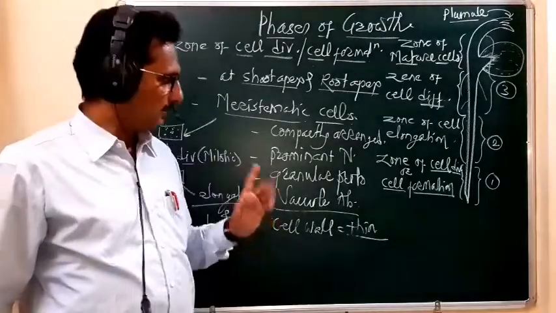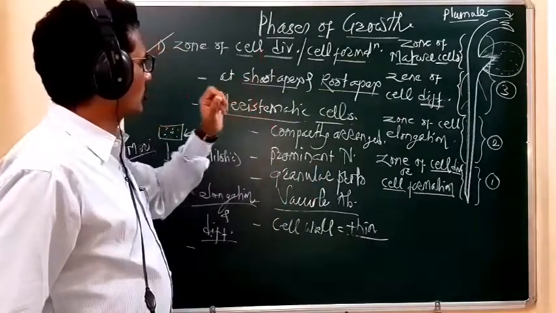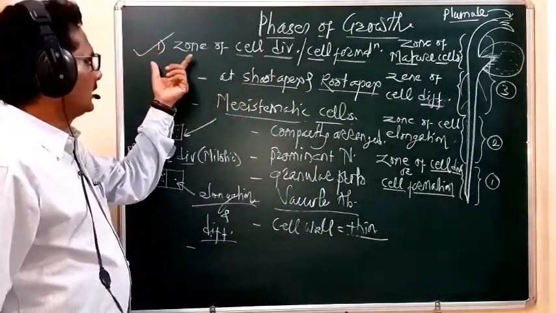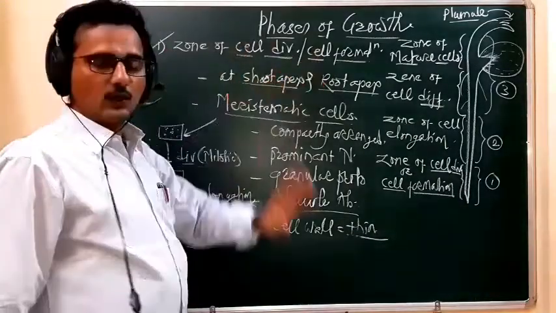So remember, students, as per this, we are seeing the phases of growth. The first phase is the zone of cell division and cell formation.